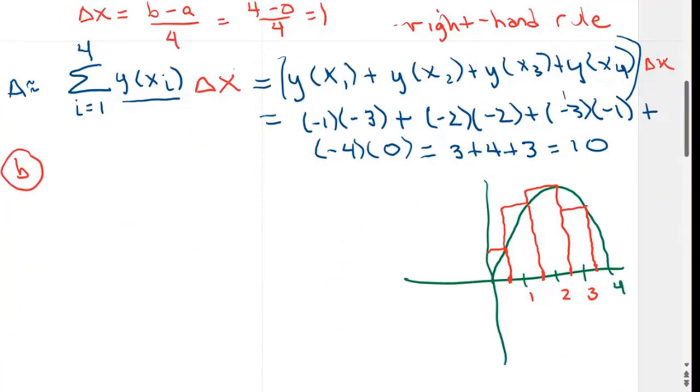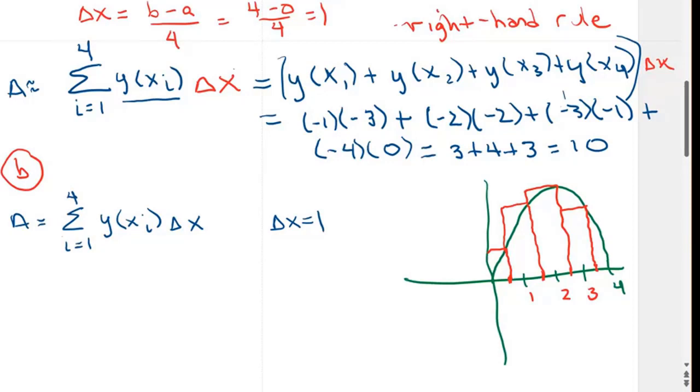I have the same equation. I want to sum A equals the sum from i equals 1 to 4 of y of x_i delta x. Delta x is still 1 because I still have 4 boxes and I still have the same distance between them. So delta x doesn't change. Delta x still equals 1.